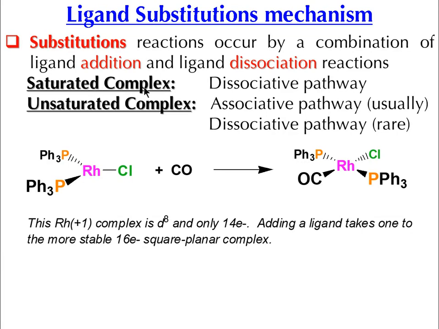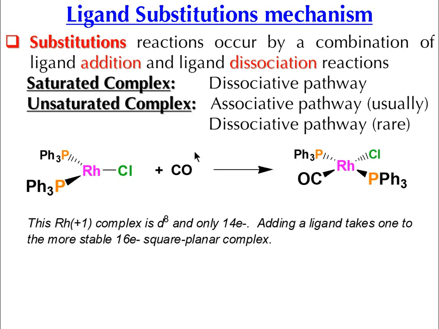If the complex is saturated, it should release a ligand to open a vacant site, then we add a ligand, so the pathway is dissociative substitution. And if the complex is unsaturated, so we have a vacant site, we can add the ligand directly, then we have dissociation of the ligand L prime, so the pathway is called associative substitution.